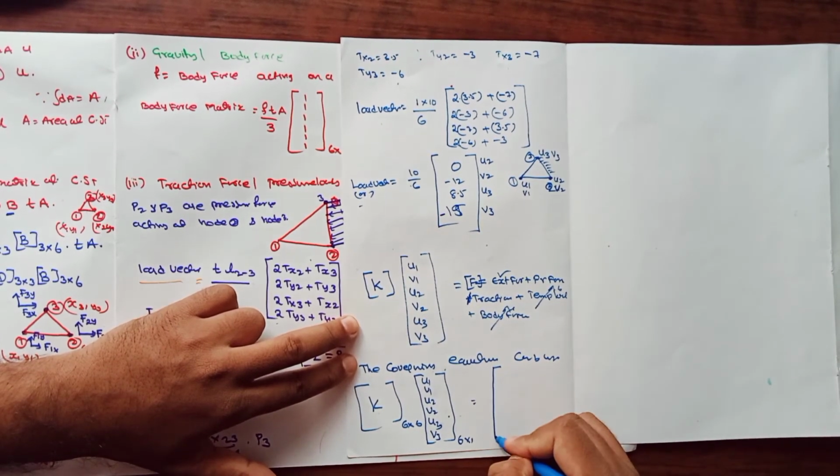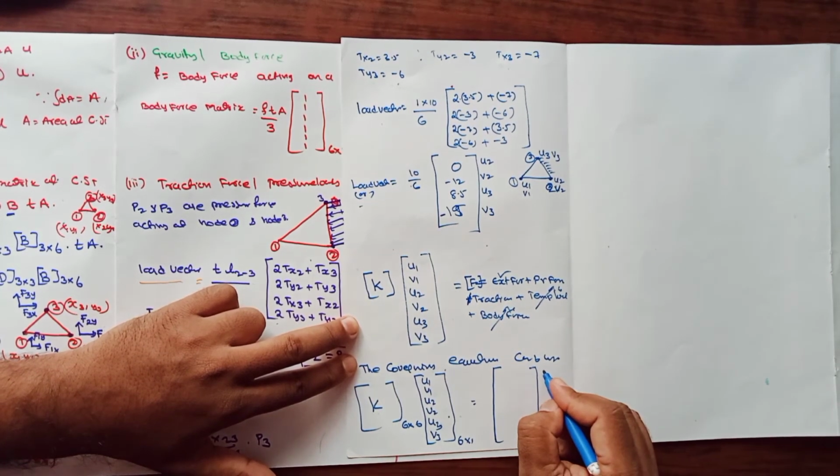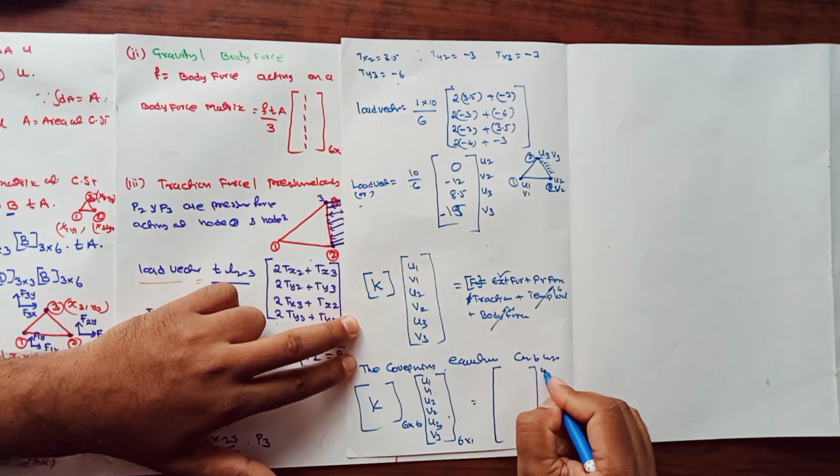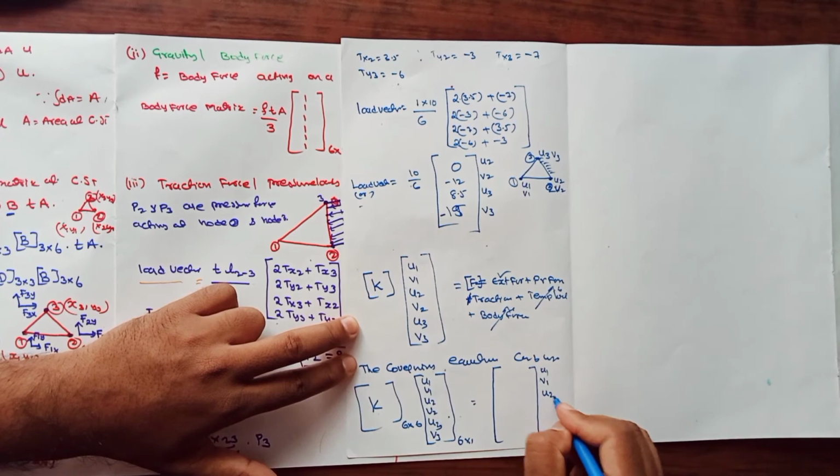The rows of the global force vector: the first row belongs to u1, second row v1, next u2 and v2, and next u3 and v3.